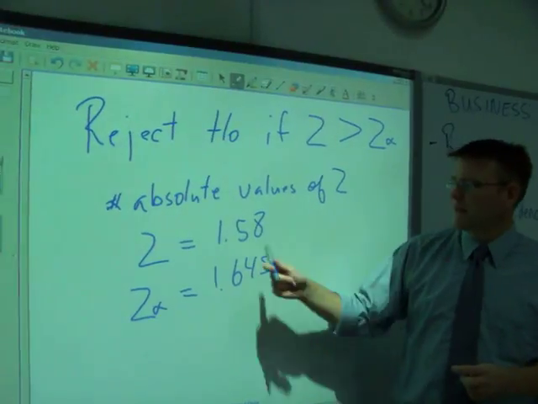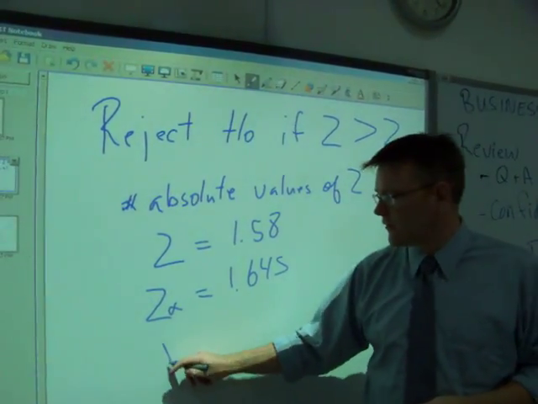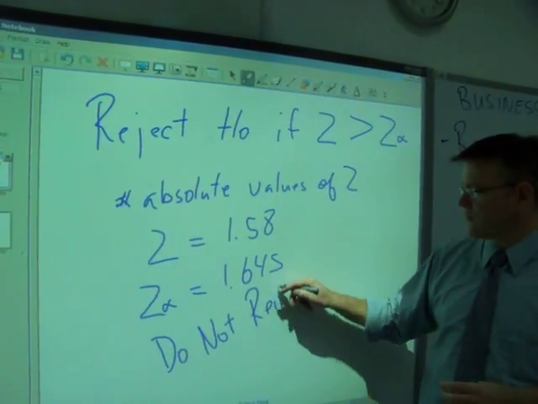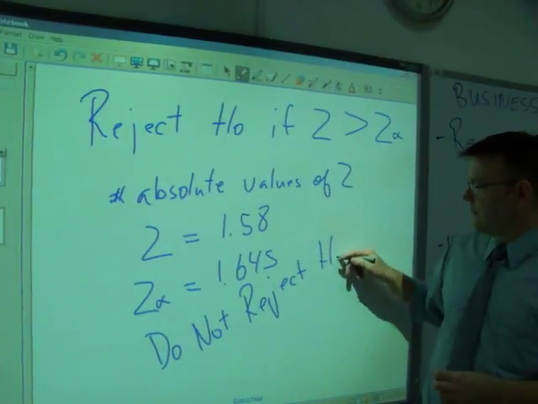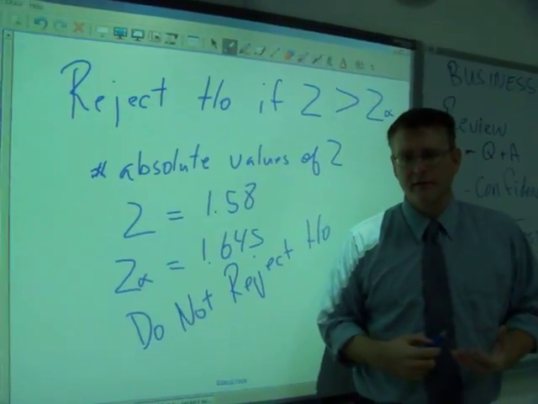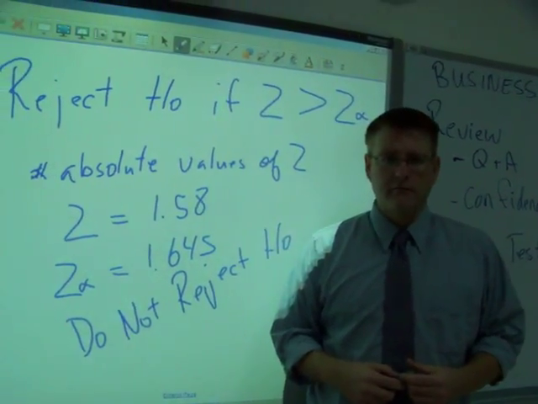The test statistic is clearly not greater than the critical value, therefore our decision is going to be do not reject the null hypothesis. So we'll write do not reject the null hypothesis, which means we do not have enough evidence to state that the null hypothesis is not accurate.